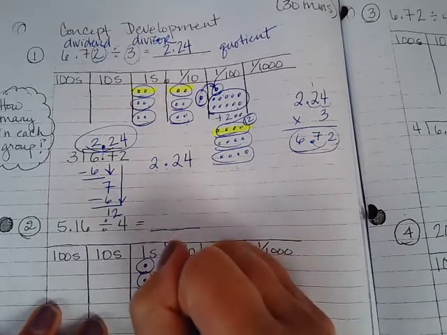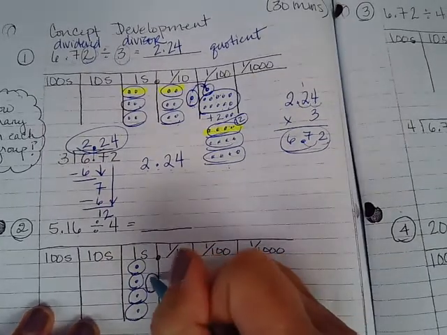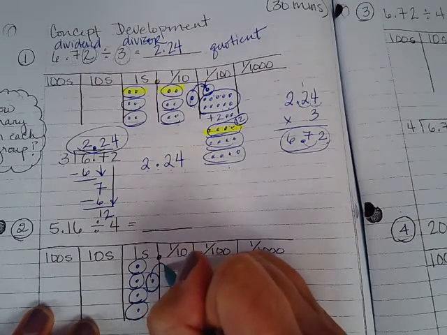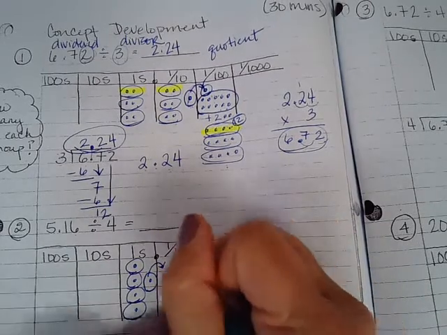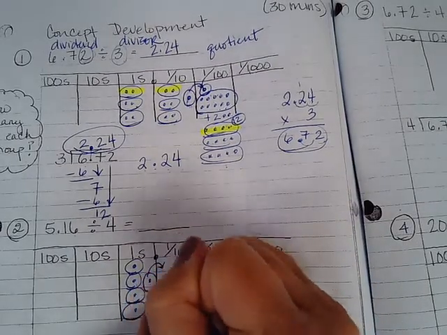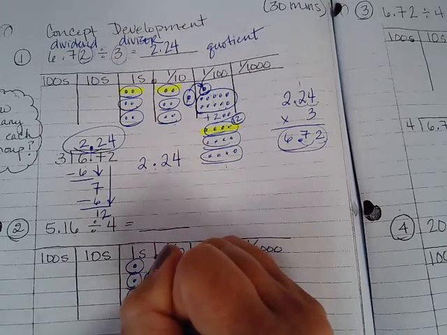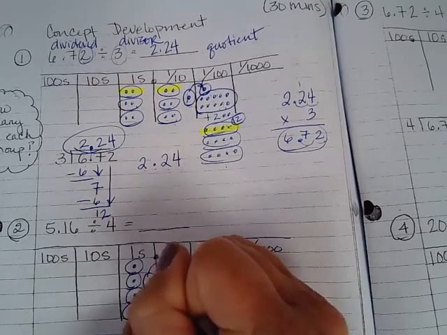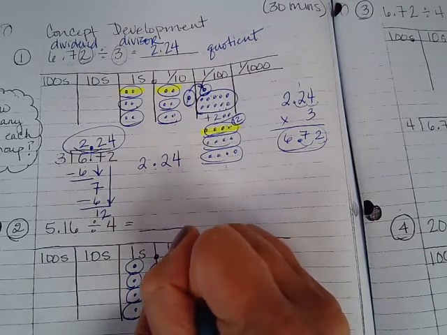And now I'm going to have 1 left over, right? So I'm going to take this 1 and I'm going to pass back a group of tenths. Remember, once you get 10 over here, you have to move it over here and you get 1 new group. So when you pass it back, you're passing back a group of 10.